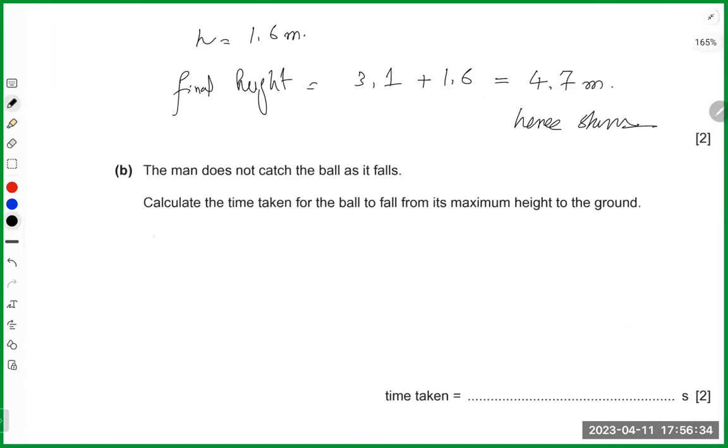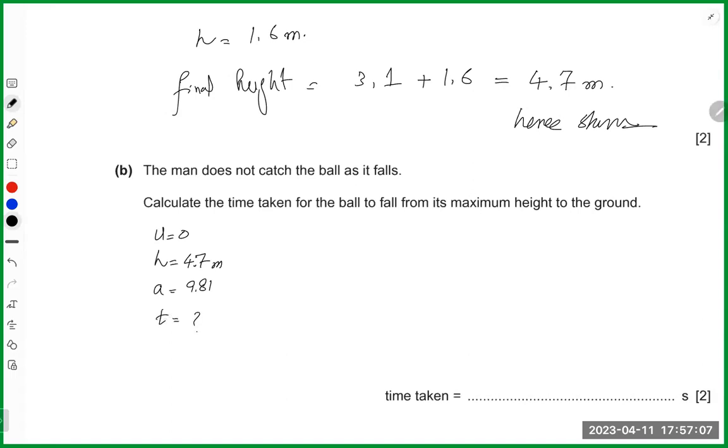Now, initial speed will be 0. Height to fall down will be 4.7 meter. Acceleration will be 9.81. From maximum height to the ground: u equals 0, h equals 4.7, a is 9.81, and he's asking for time.